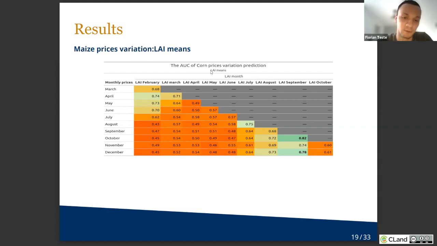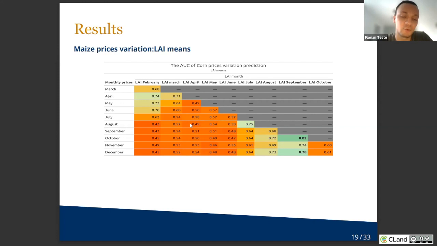Now, how do we read the table? For example, we see that we cannot predict the price variation of June using the leaf area index of May, because the score is very poor, it's 0.57, that's not good. Remember that 0.5 is similar to a random guess, so that's very bad.